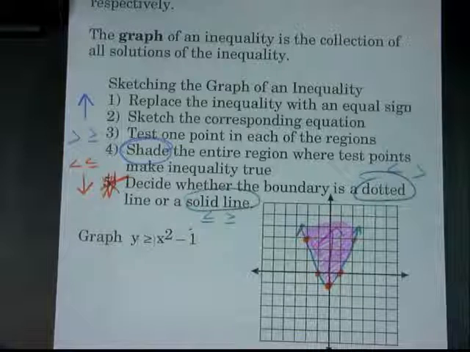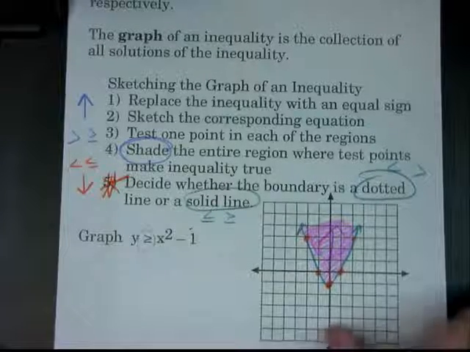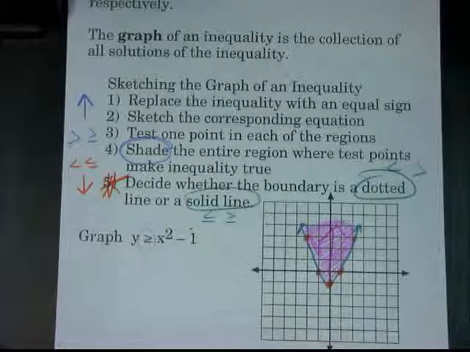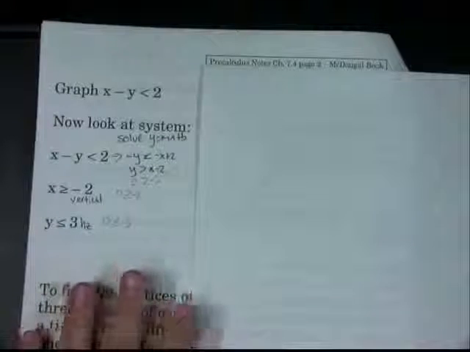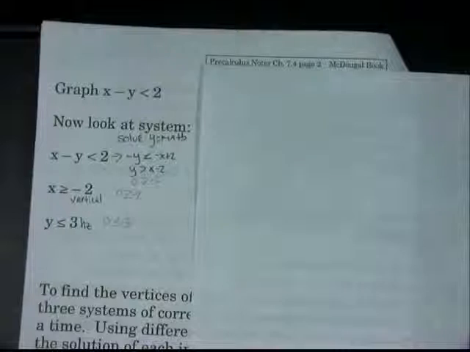All right, on page 2, here we have x minus y less than 2, x greater than or equal to -2, and y less than or equal to 3.